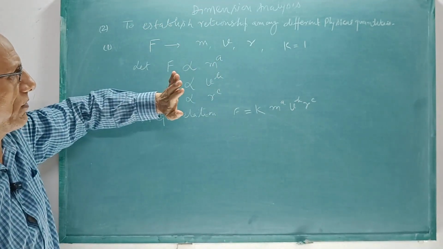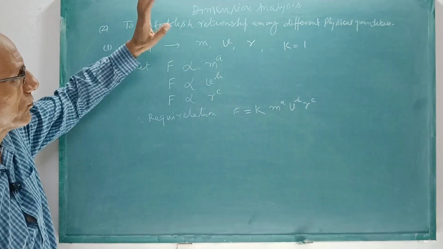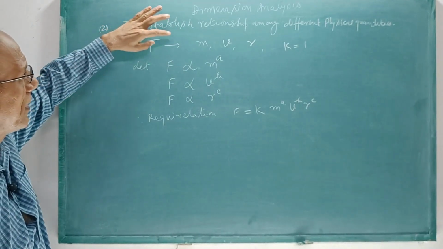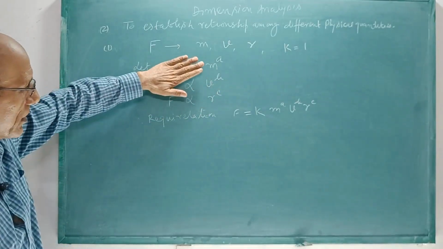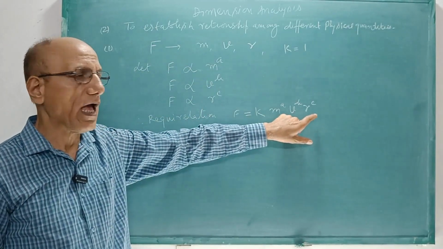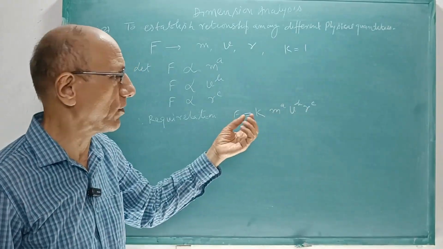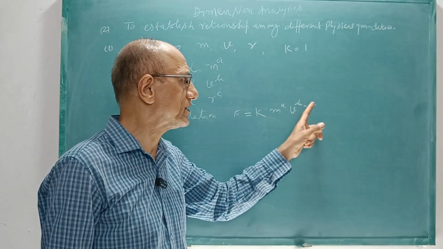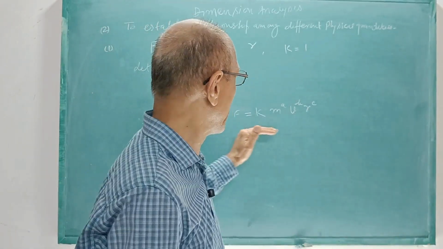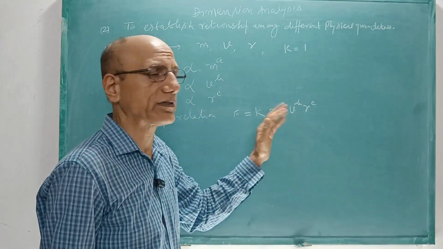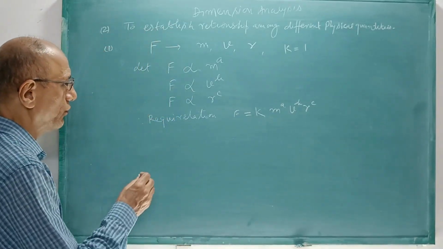Now we have to find, and we will try to find the values of a, b, c. If we will be able to get the values of a, b, c correctly, then we will be able to establish the relation. Now for that, what do we do?